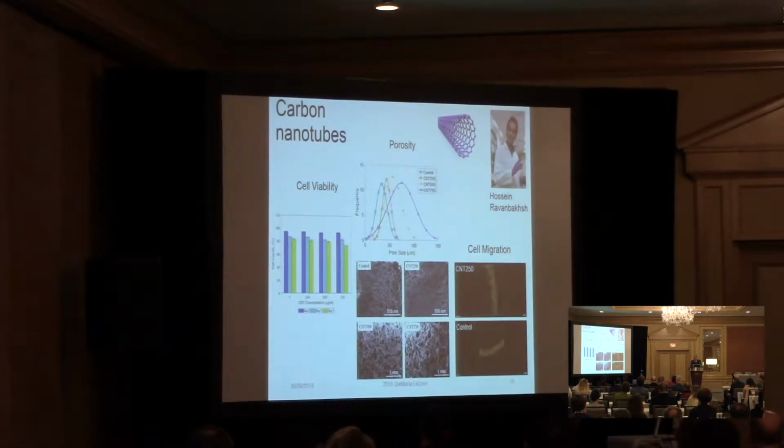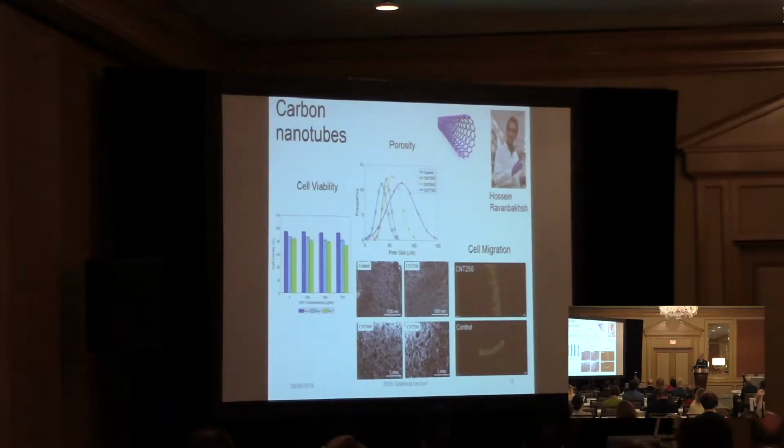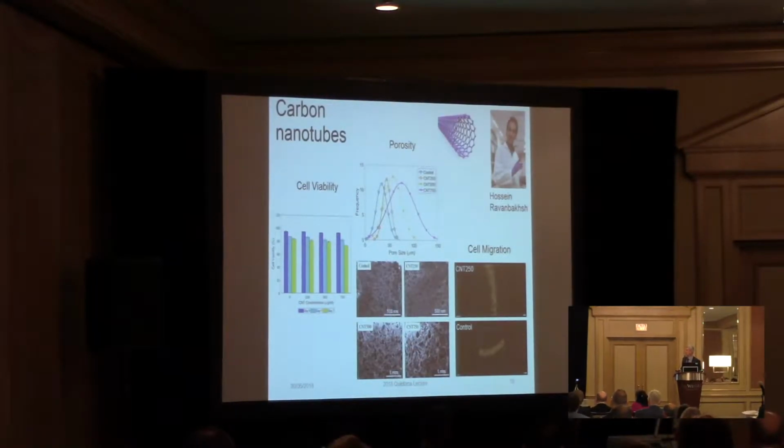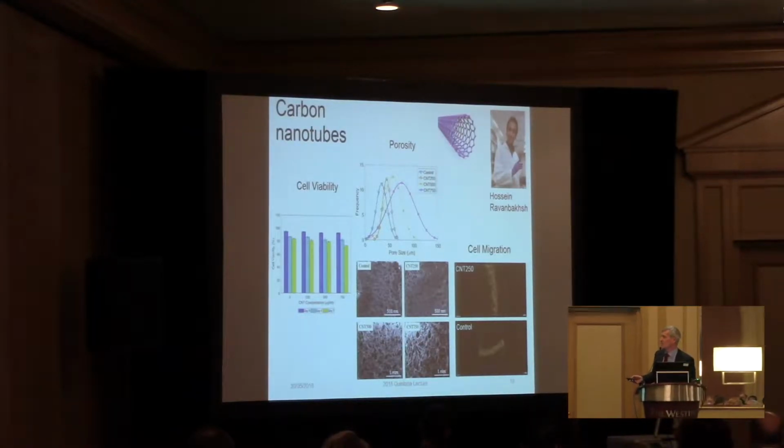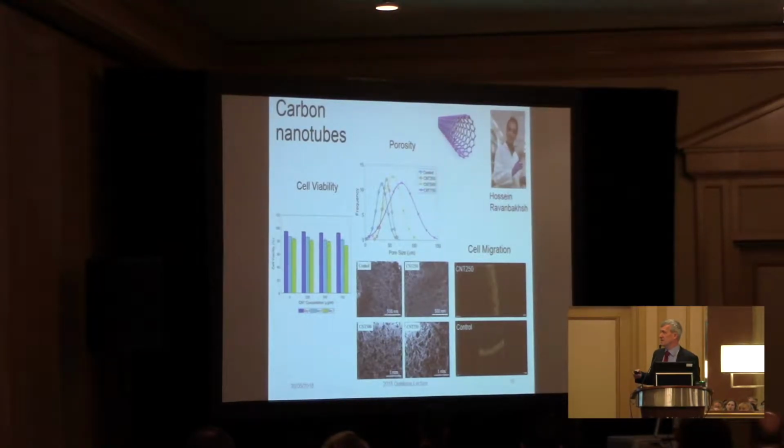So with viability, of course, there's always an issue of what is the concentration. So above a certain concentration, cell viability becomes a problem, but at reduced CNT concentrations, cell viability is not too bad. One thing that's interesting is that the presence of the CNTs, as for the presence of fibers similar to collagen inside the gel, changes the porosity, changes the pore size.